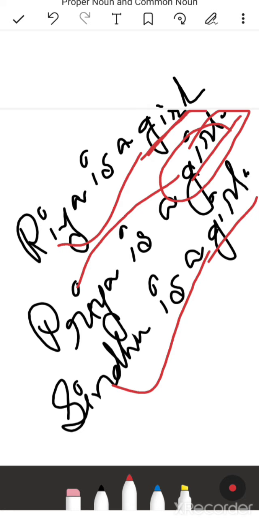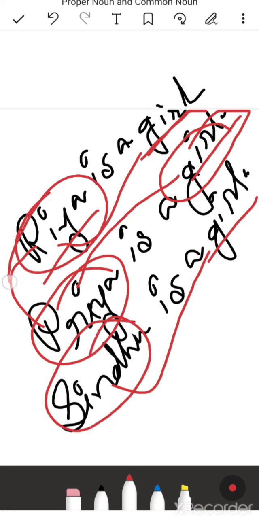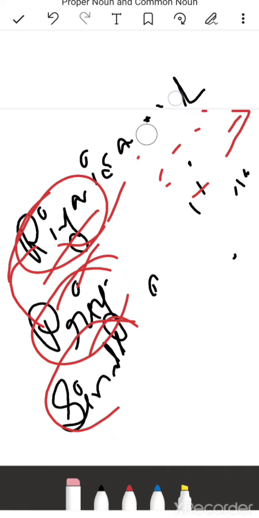But now see the name Riya. Could you share the name Riya with Priya? Could we call Priya Riya? No. Can we call Sindhu Priya or Riya? No. But we can call Riya a girl, Priya also a girl, Sindhu also a girl. So, understood what the difference is between a proper and a common noun.